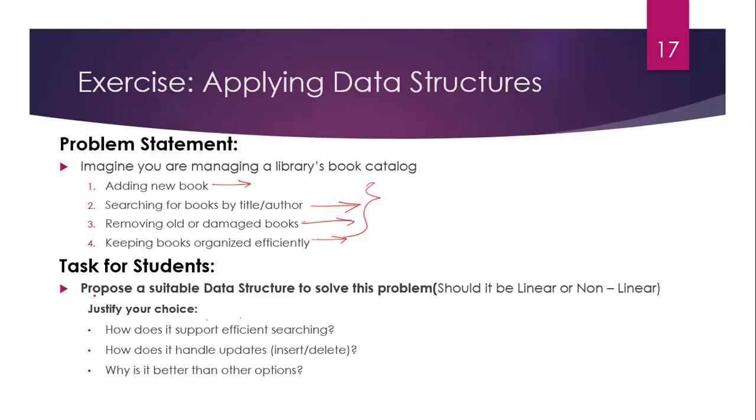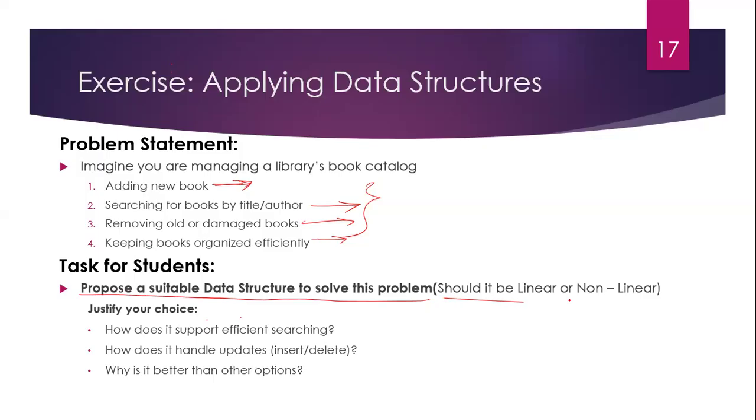Now here you are asked to propose a suitable data structure to solve this problem: adding new books, searching books by title or author, removing old or damaged books, and keeping books organized efficiently.